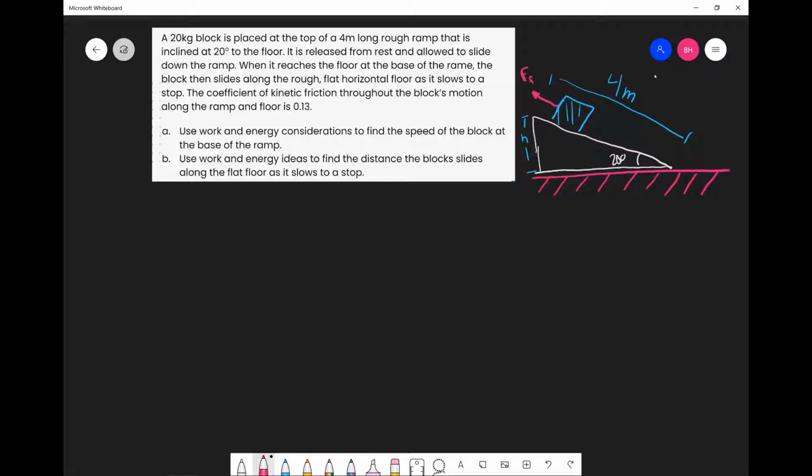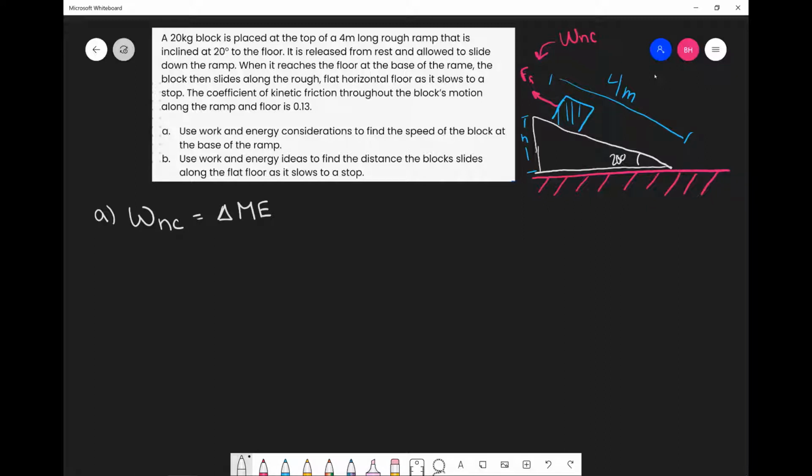And one of the key ideas to remember about frictional force is that the work done by this frictional force is non-conservative. So this is a non-conservative force. So I'm going to put W_NC. And that changes our work-energy equation just a little bit. If you remember, the work of a non-conservative force is equal to our change in mechanical energy.